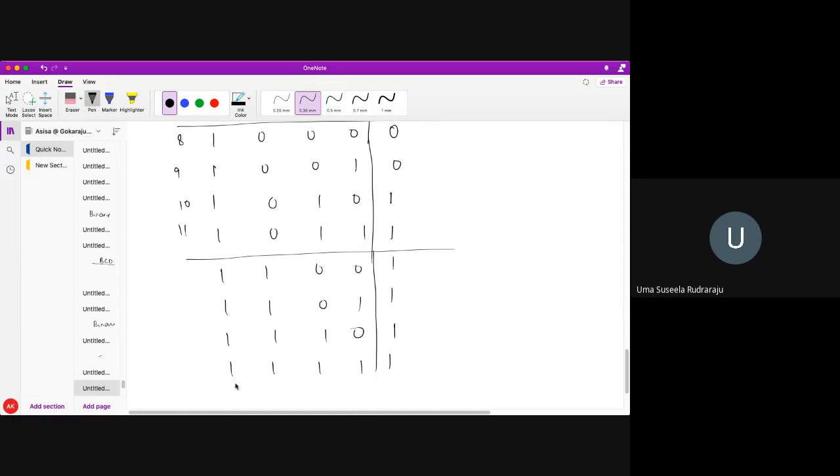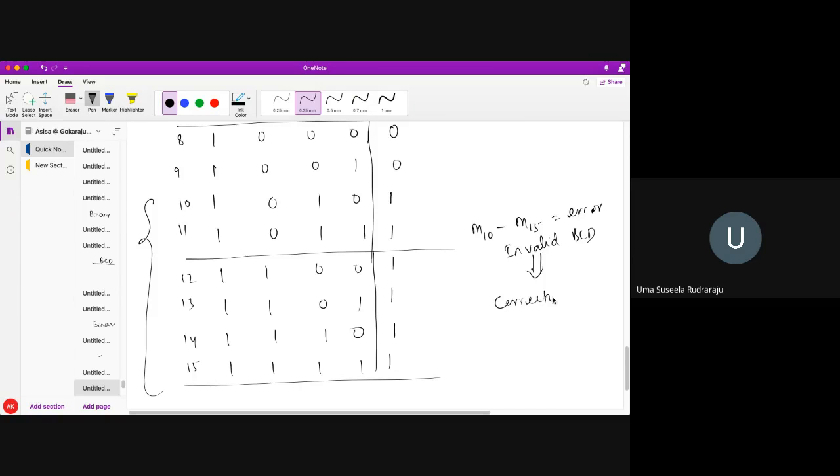So I am putting 1 here: these are all erroneous outputs, meaning invalid BCDs. Minterm 10 to minterm 15 have errors and are invalid BCDs, and they require certain correction. So what is the correction? I'm going to tell you, don't worry.